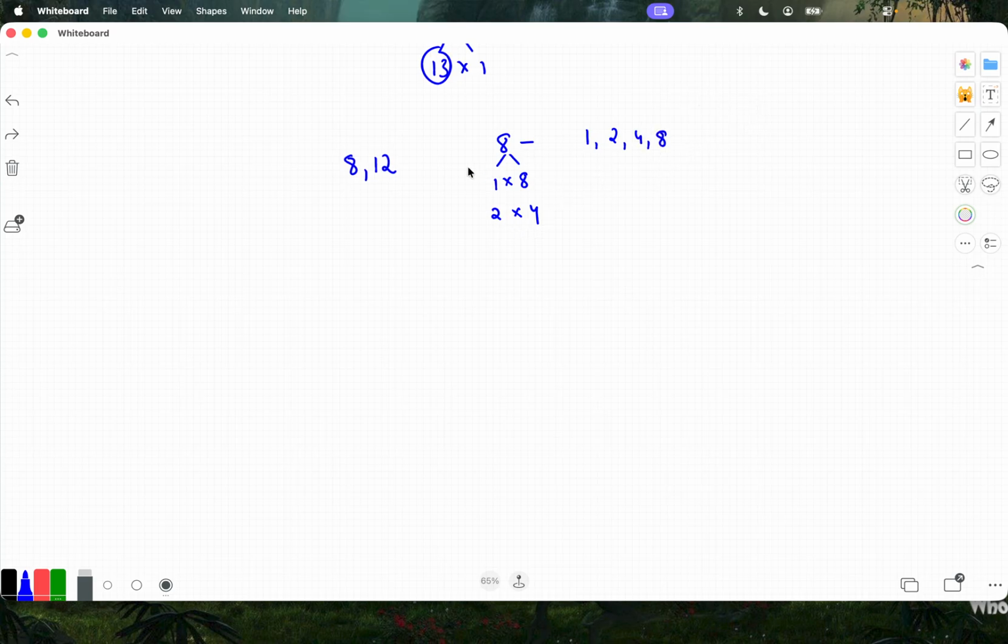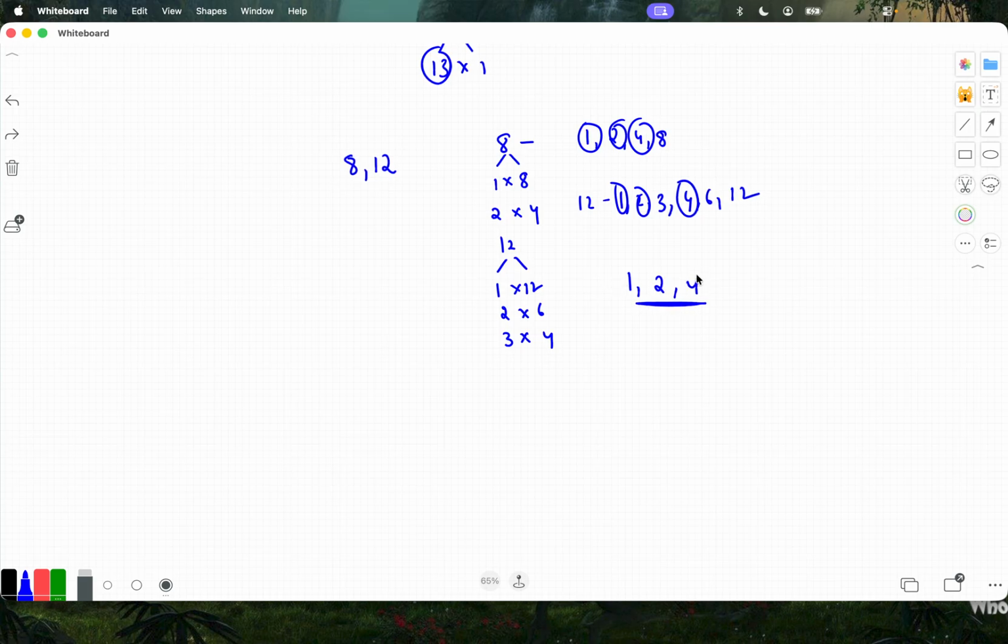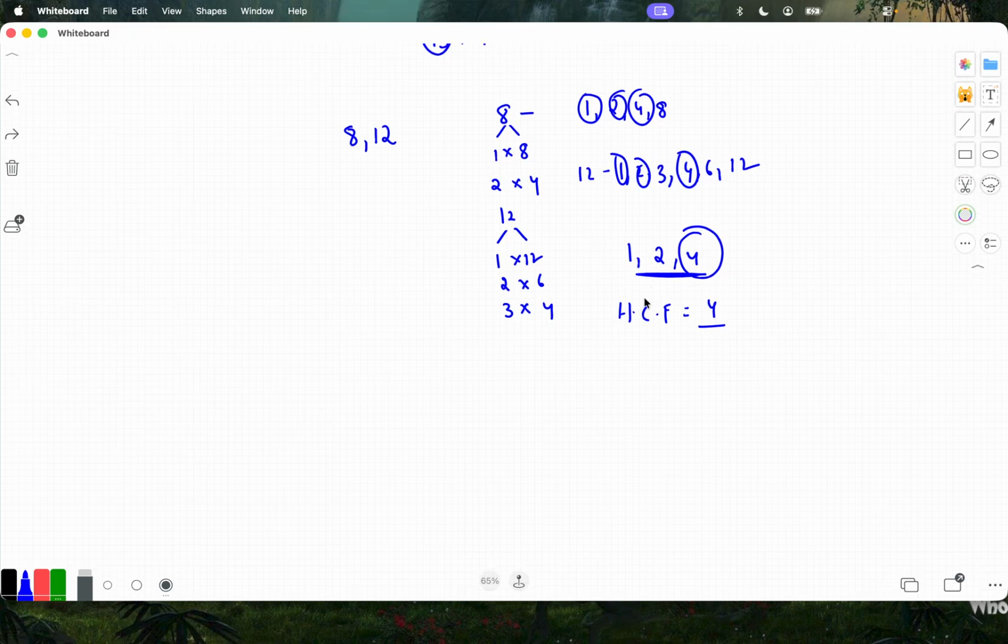Similarly for 12, 1 into 12, 2 into 6 and 3 into 4. Okay. What are the factors for 12? 1 comma 2 comma 3 comma 4 comma 6 comma 12. So what are the common factors? Just circle 1, 2, 4 and 4. Okay. So I'll write common factors are 1 comma 2 comma 4. What is the highest common factor in this? 4. So HCF is nothing but 4 for this 8 comma 12.